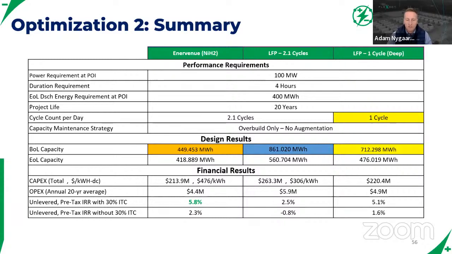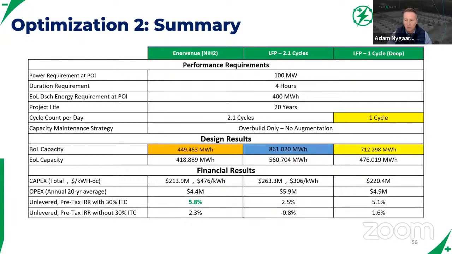You need significantly less initial upfront overbuild with the Intervenue product than you do with LFP. That was clear from Sherif's comments just now. And the impact of that on investment returns is that this is clearly the front runner in any of these 3 cases, with the 5.8% IRR compared to 2.5 and 5.1, right?